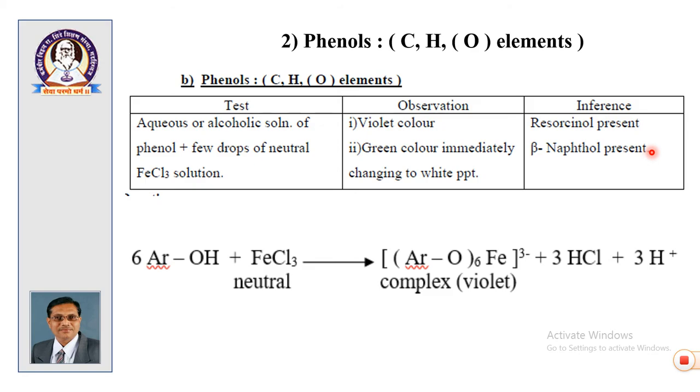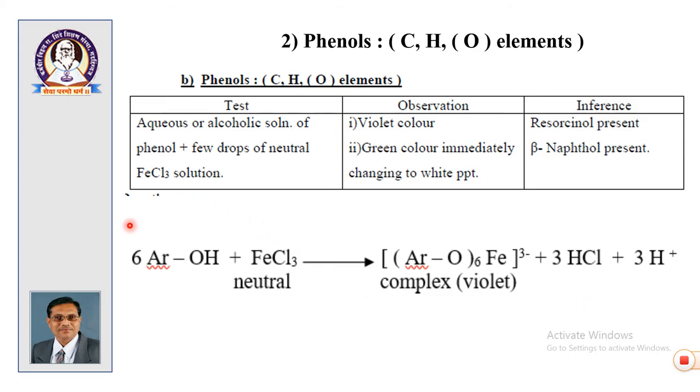If it is water insoluble, then you can have this test. Use alcoholic solution, because when the compound is water insoluble, you can use alcoholic solution. Of course, beta-naphthol is sparingly soluble. So, the color of these complexes, violet color or green color changing to white precipitate, is this reaction.